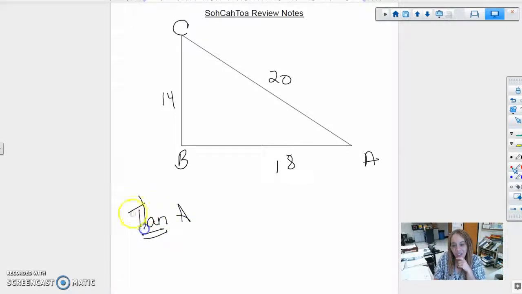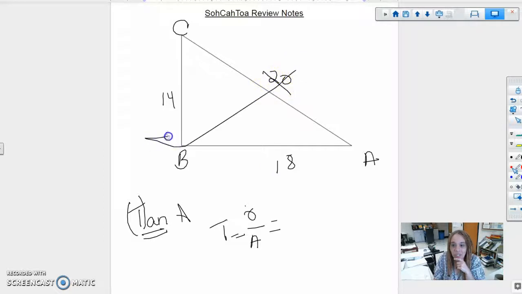Tangent equals O over A. There is no hypotenuse in this ratio. So I'm not going to use the side across from 90 degrees, that would be our hypotenuse. We're not using our hypotenuse today on tangent.